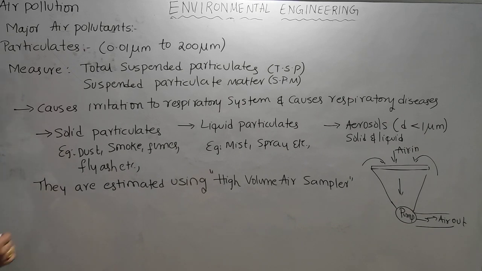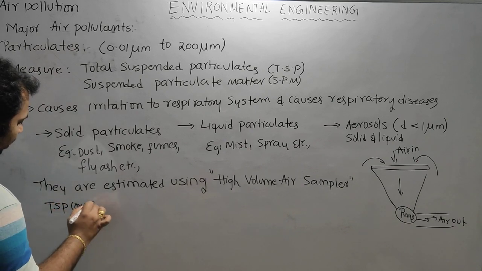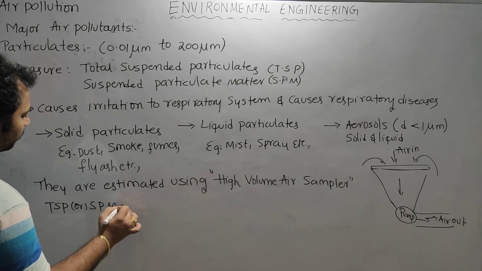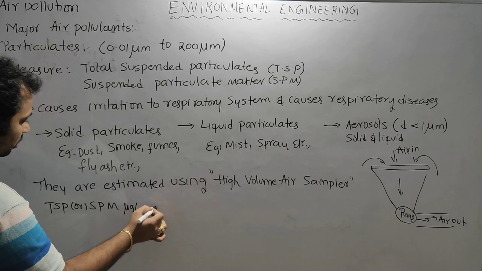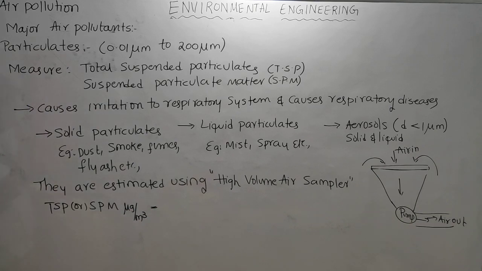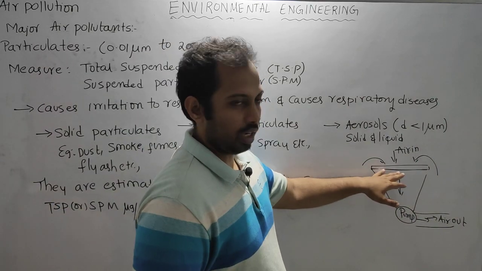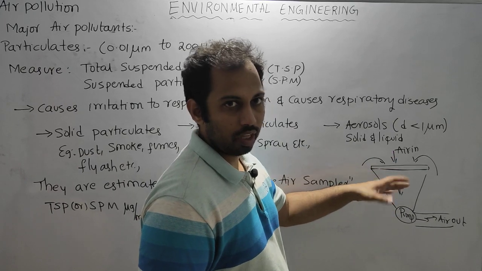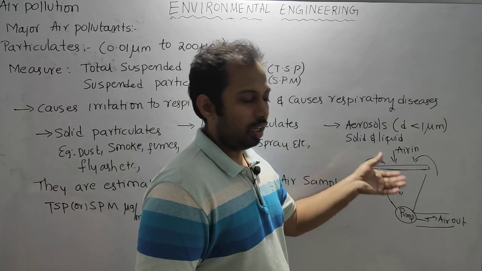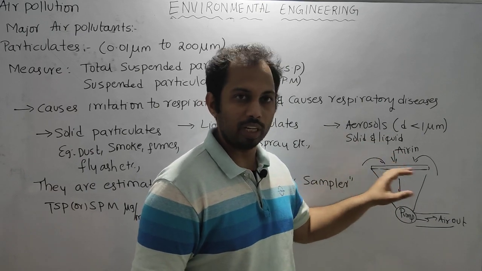The total suspended particulate matter, in microgram per meter cube, is found from the initial weight and final weight. The initial weight of the filter paper and the final weight of the filter paper are recorded, and the difference is the particulate matter entrapped on the filter paper.